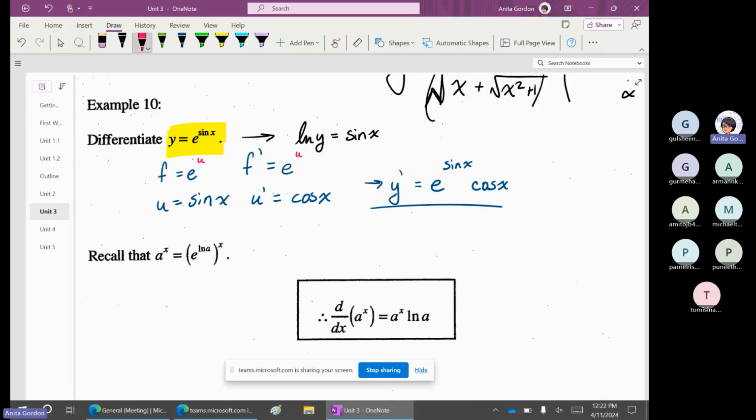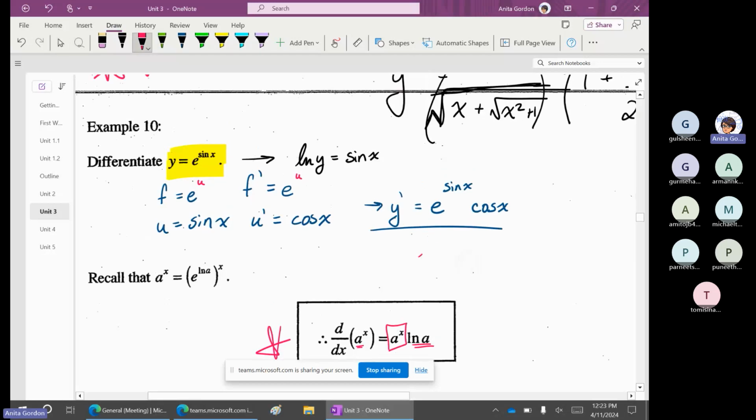New rule. It's on your formula sheet. All these rules are on your formula sheet. If you have an exponential, and your base is not e, so it's some other number, then your derivative is the exponential times ln of a.